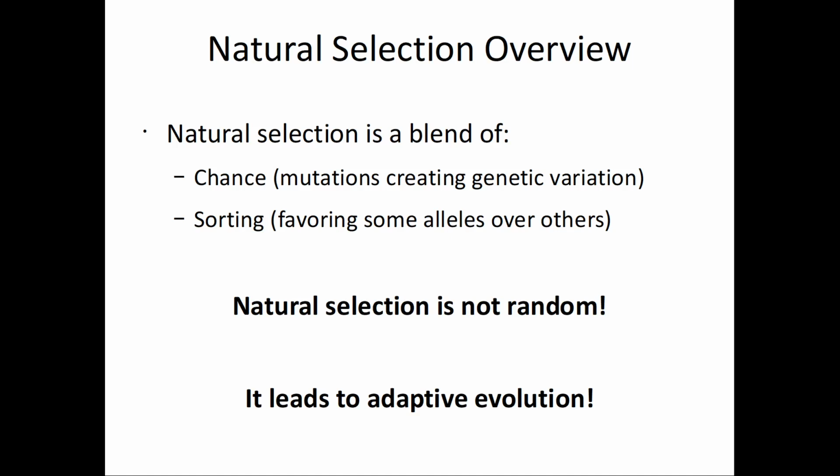So natural selection is a blend of chance, with mutations creating genetic variation, or in other words choices, and sorting, which favors some alleles over others. That sorting comes from the fitness of those alleles to the environment. This third line here is very important: natural selection is not random. It's not like playing roulette or flipping a coin.